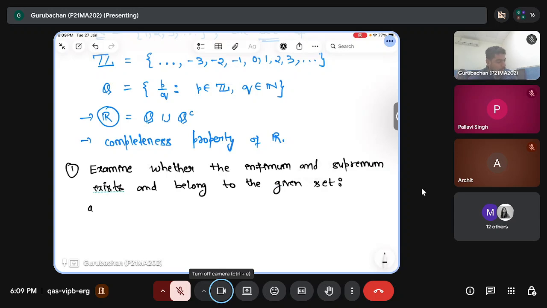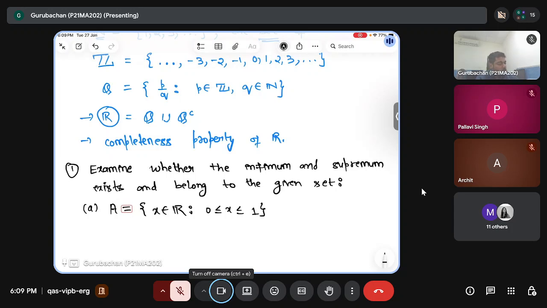So the first given set is like this, the collection of all real numbers x such that x lies between 0 and 1, including 0 and 1. We have to decide whether its infimum and supremum exist, and moreover, whether they belong to the set or do not belong to the set.